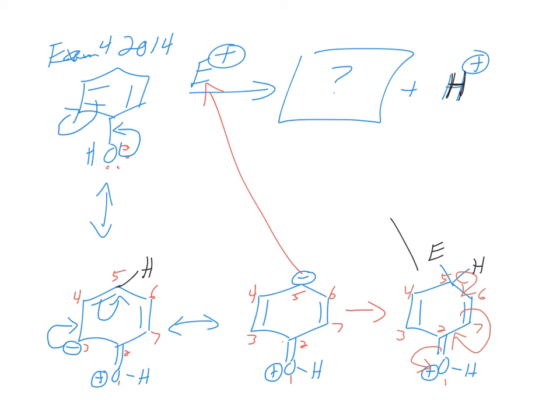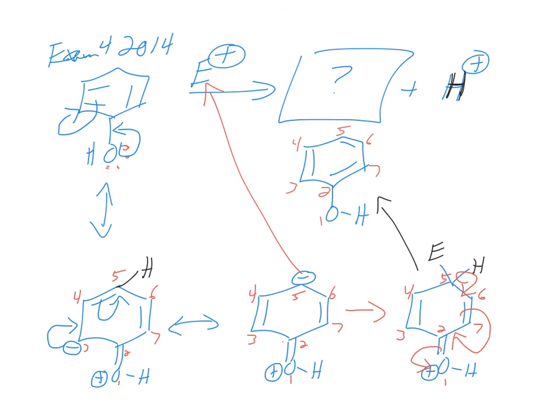And here, what I've done, got back to that OH. As this H leaves, it becomes H plus and forms a new pi bond between 5 and 6. 1, 2, 3, 4, 5, 6, 7.